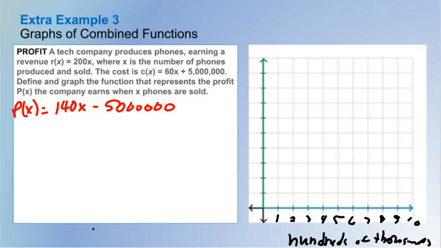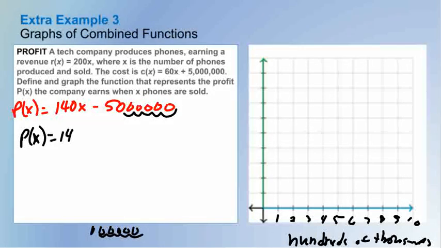So if you think 100,000, and I'm only having it as a 1, so if I move the decimal place 5 places to the left, that equals 1. So this 1 equals 100,000. If I go back to my equation here, I'm now going to have P of x equaling 140x minus 50. That 50 is going to represent 5 million.